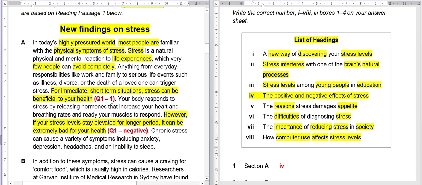So here they are talking about the positive of stress, and here they are talking about the negative of stress. I hope it is clear.